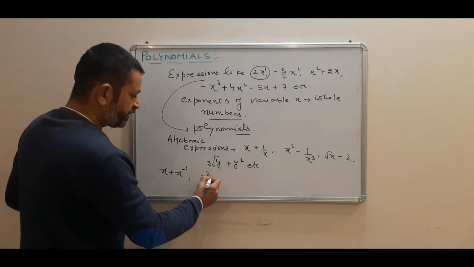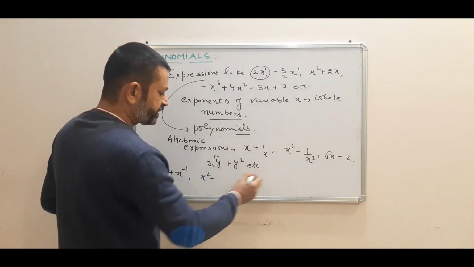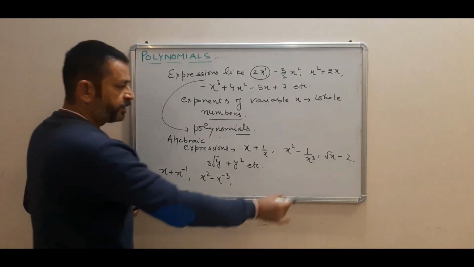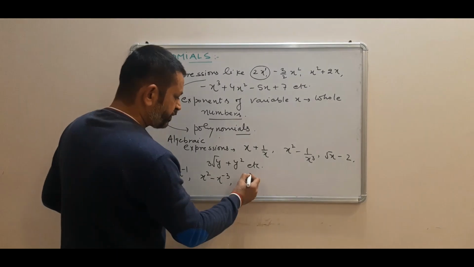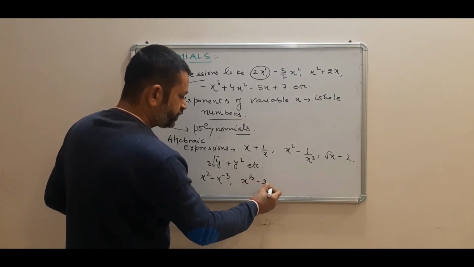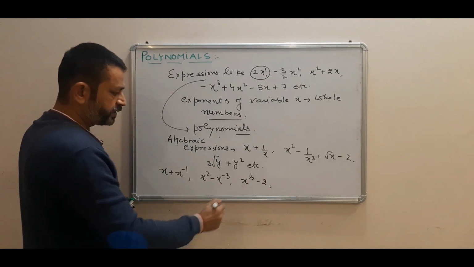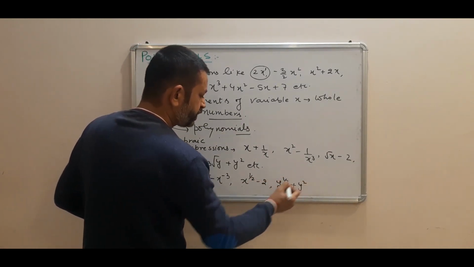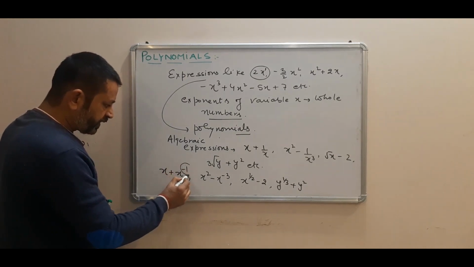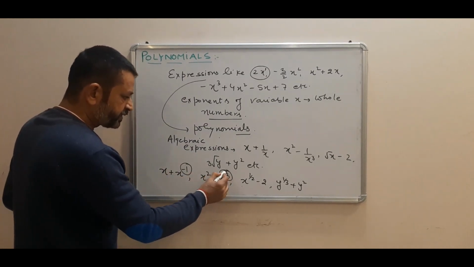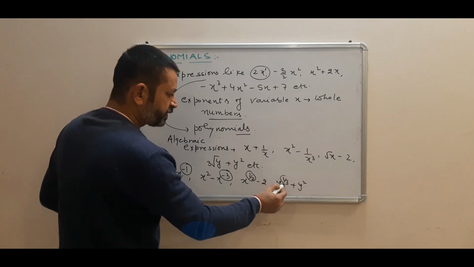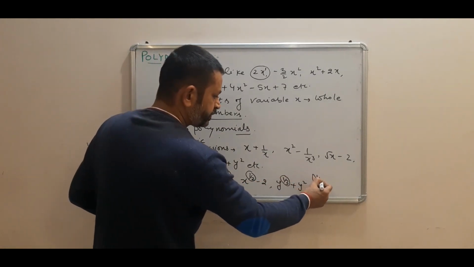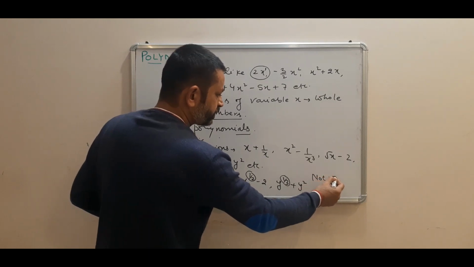In the second one, x square minus 1 upon x cube can be written as x to the power minus 3. Root x means x to the power 1 by 2, minus 2. In this it is cube root of y, that is y to the power 1 by 3, plus y square. So all these values, this is minus 1, this is minus 3, this is 1 by 2, this is 1 by 3, these are not whole numbers. So exponents are not whole numbers.